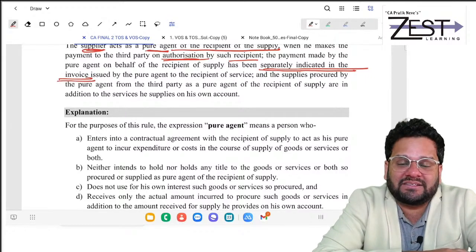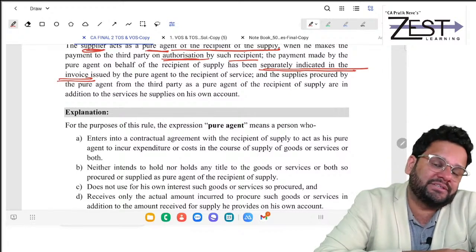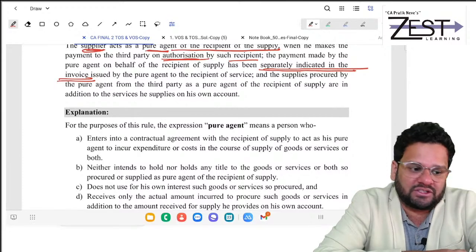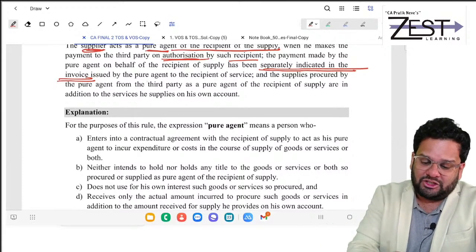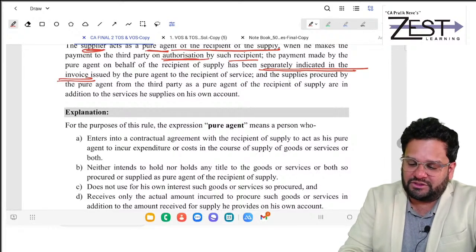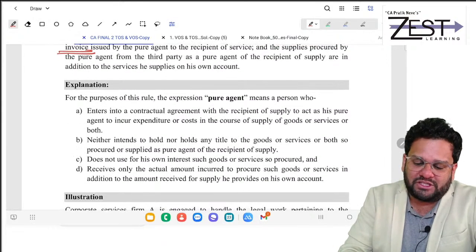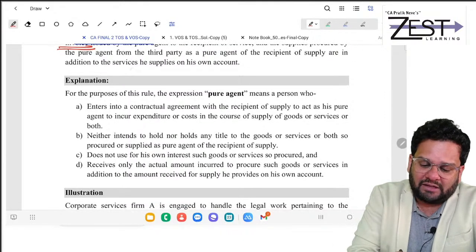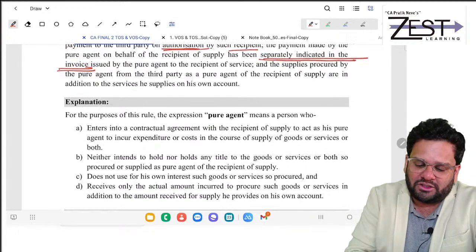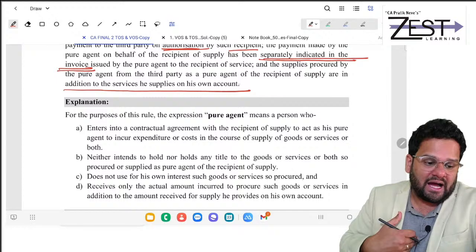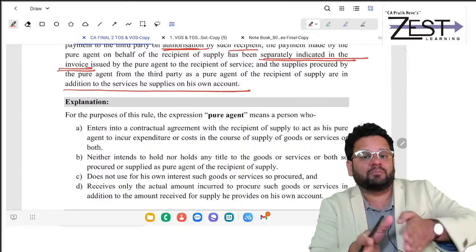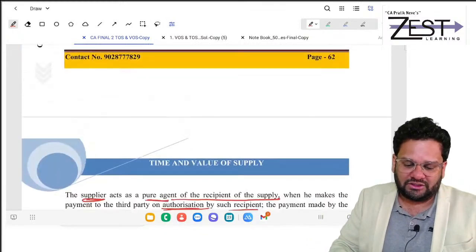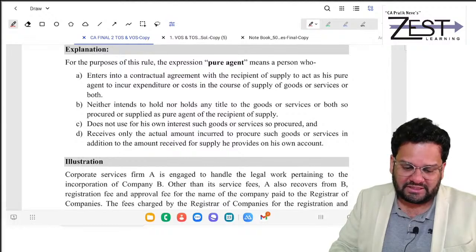Yes, in the tax invoice we represented 1 lakh separately and we represented the 2500 professional fees separately. And the supplies procured by pure agent from third party as pure agent of recipient of supply are in addition to services he supplies on his own account. So yes, I have given professional services of computation of advance tax. Clear? So all conditions are getting satisfied.